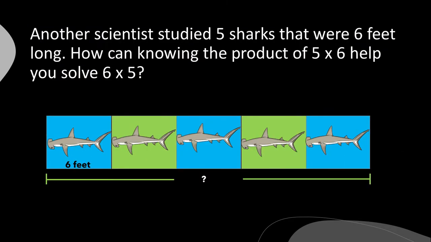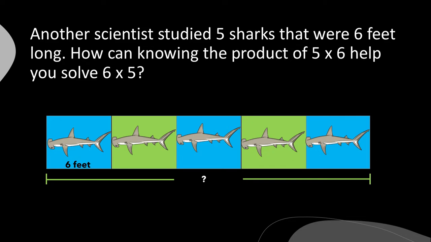Another scientist studied 5 sharks that were 6 feet long. How can you use the product 5 times 6 to help you solve this? So in this case, this is using the commutative property. If you solved 6 times 5 in the previous problem, you would be able to solve this problem by doing 6 times 5.